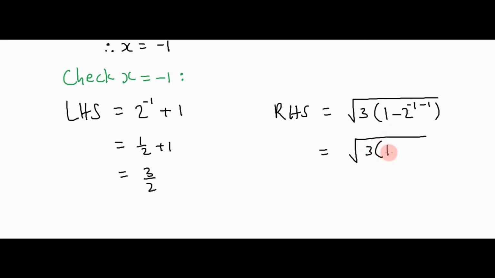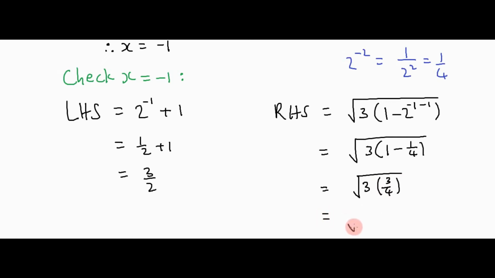So we have 1 minus 2 to the negative 2, which is a quarter. So 2 to the negative 2 is 1 over 2 squared, which is a quarter. Then 1 minus a quarter is 3 quarters. So we have 3 times 3 quarters. 3 times 3 quarters, of course, is 9 over 4.